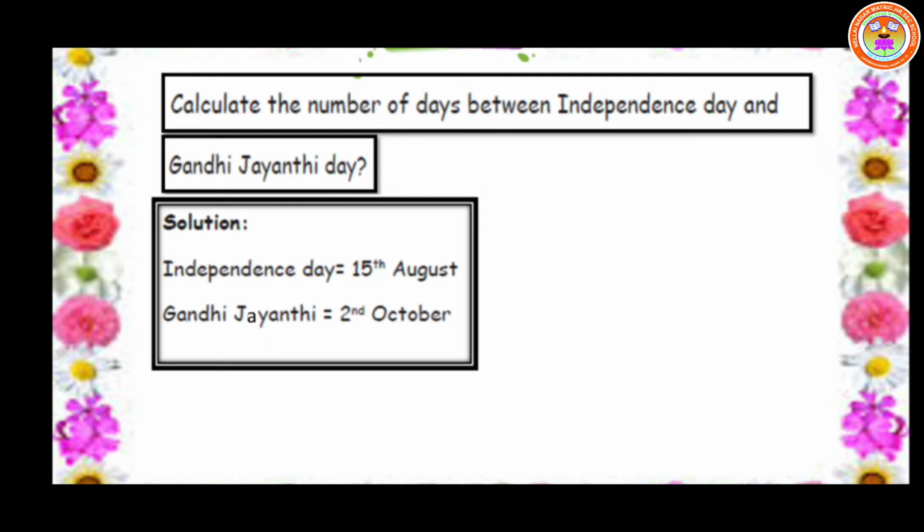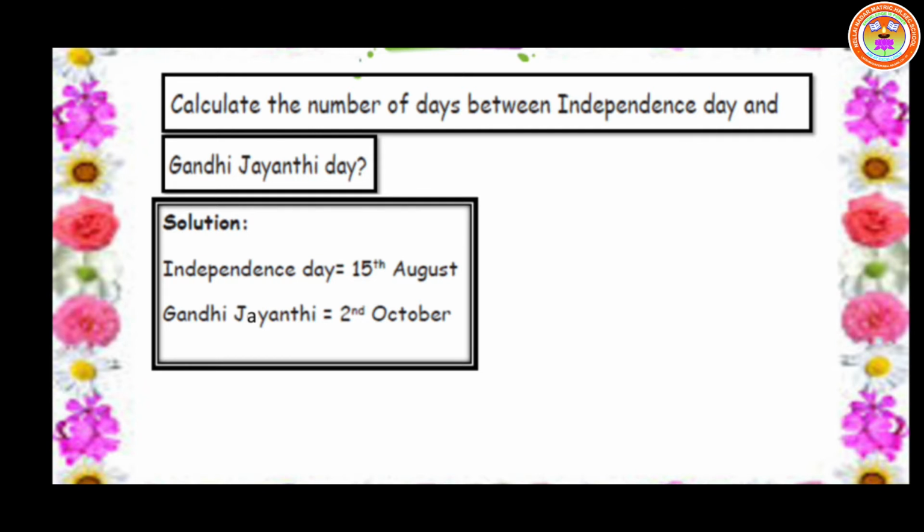Independence Day is celebrated on August 15th, and Gandhi Jayanti is on October 2nd. Is it clear? Now, we are going to calculate the number of days between these months. So, what are the months in between August and October? August, September and October. So, September is in between August and October.